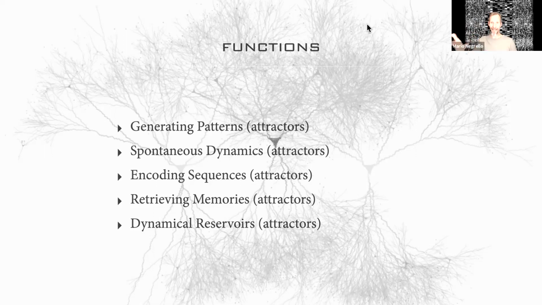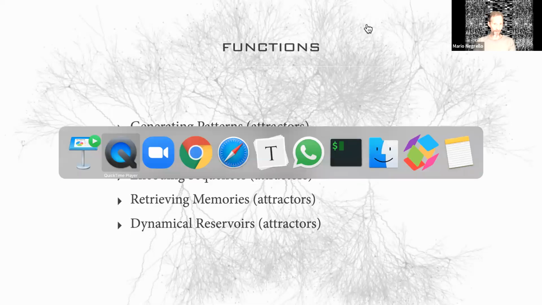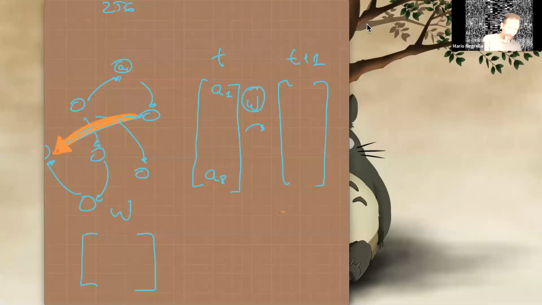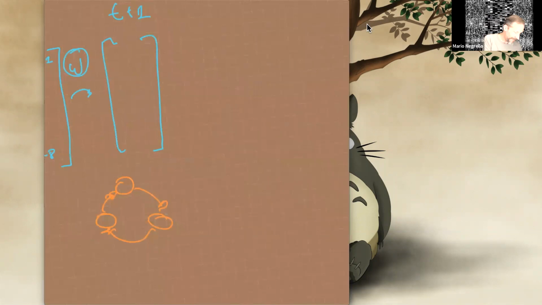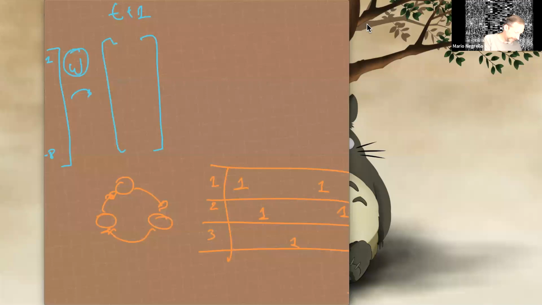This is easy to think about if you're thinking about a ring network. We talked about ring networks before, but just to remind you, if you have 3 neurons that project one to the other, and say you have sufficiently large weights, and here we have neuron 1, 2, 3, and these are their activities, and say we start with neuron 1 as being the active one, then by virtue of the multiplication, you produce over time an activity of the neurons.